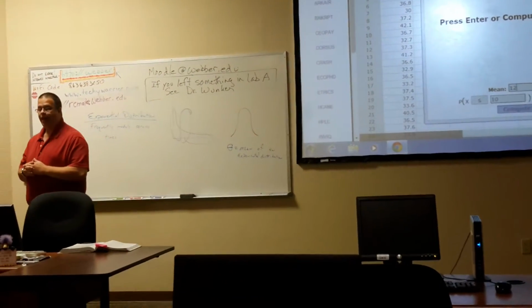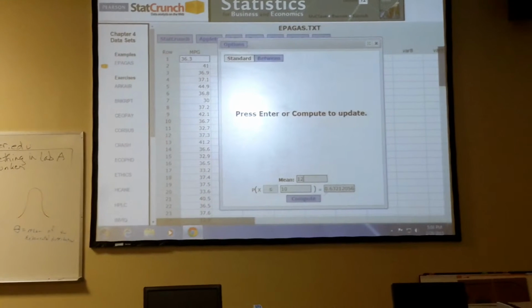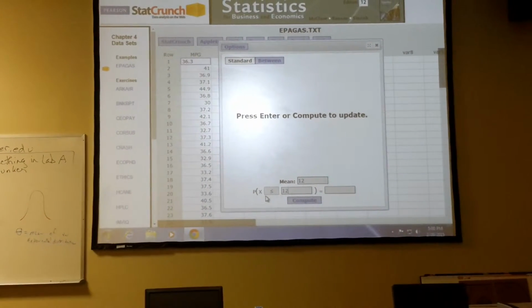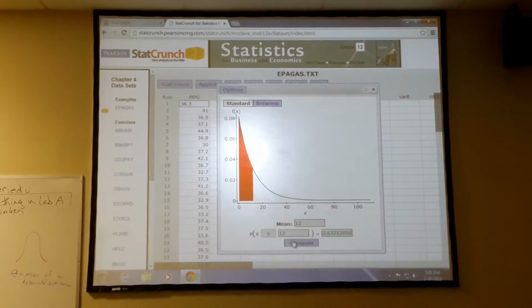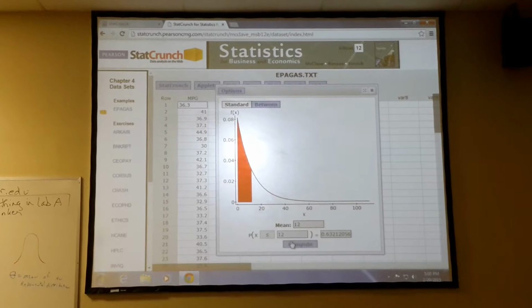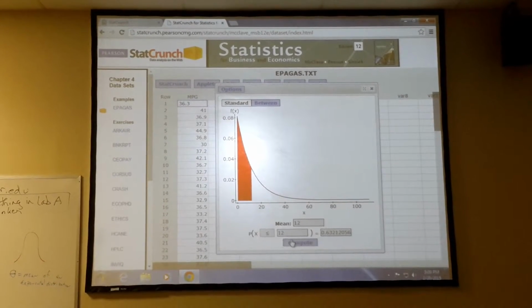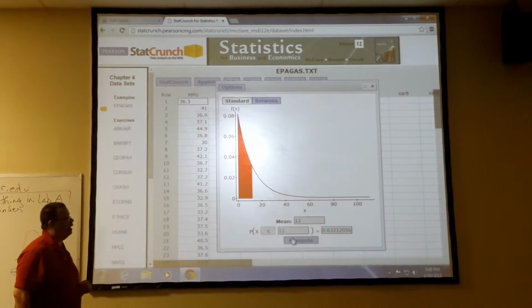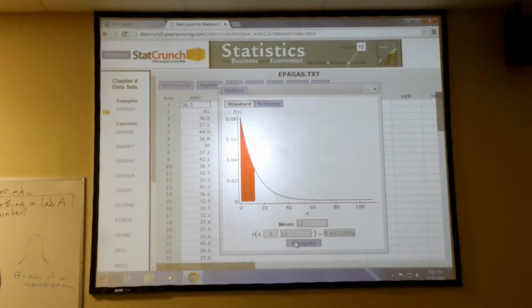Let's see what happens with our exponential distribution. If we're looking for the probability of being below 12, below the mean, it ends up being way more than half. 63%, close to 2/3 of everybody who goes through that checkpoint is going to get through well under the mean.